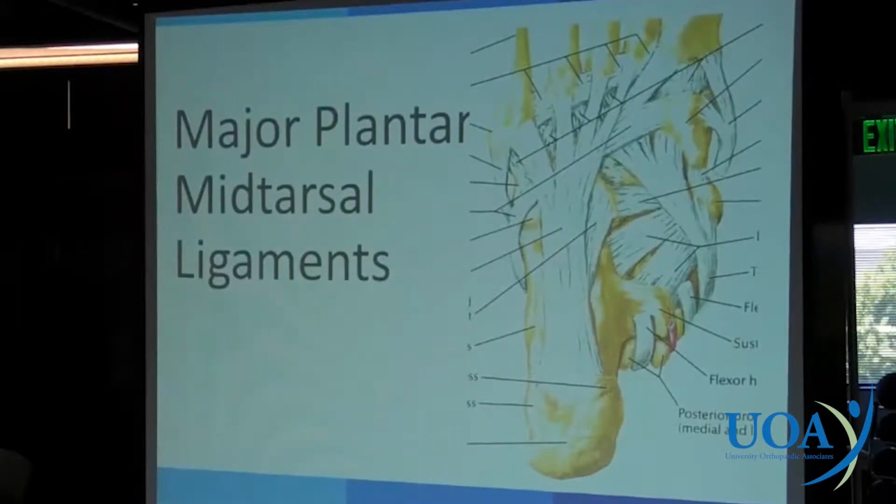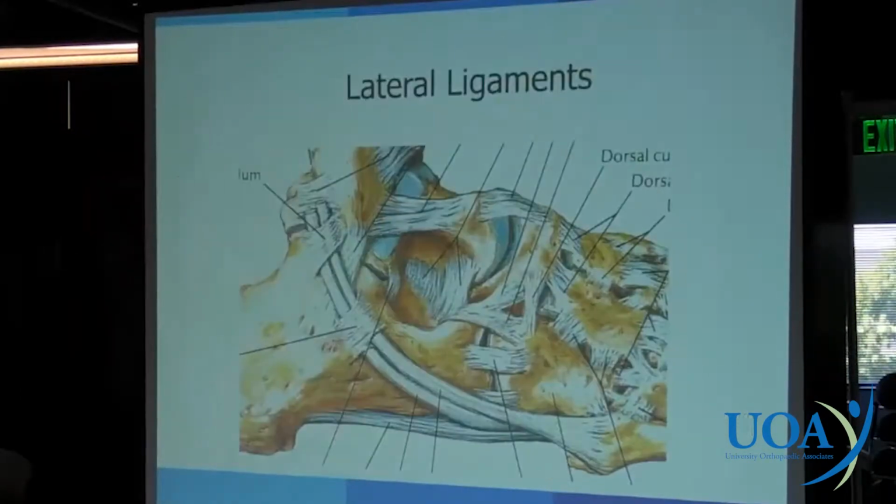Understanding the type of injuries, the most important thing is understanding the ligamentous structure that holds the midfoot together. I'm only showing you the plantar ligaments because they are by far much more substantial than the dorsal ligaments and the small intertarsal ligaments. You can see the massive structure here, and it's multi-layered, interconnecting all the major mid-tarsal bones.